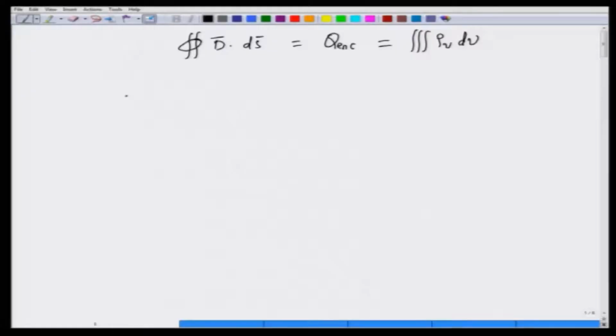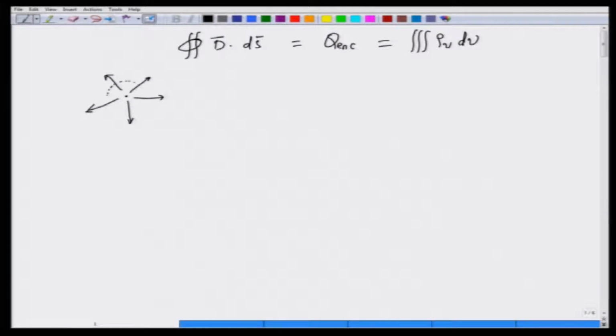I did not specifically mention the relationship between the surface that you have to use in applying Gauss's law and the volume. For example, consider the point charge q. We know from Coulomb's law itself that the field is going to go as 1 by r square. We can also use Gauss's law in this example; it is fairly simple.